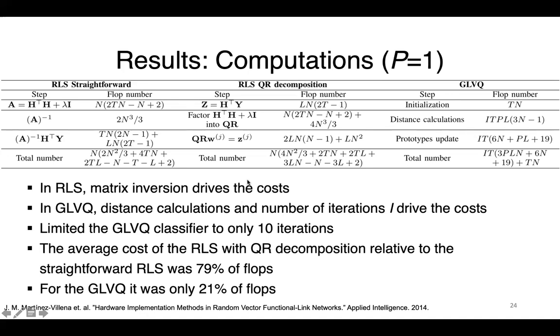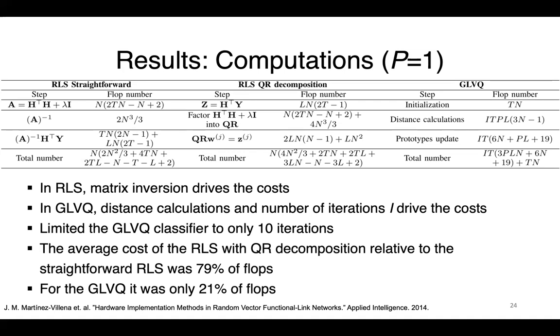We note that GLVQ differs markedly from the two approaches to RLS, since the cost of the GLVQ classifier is driven by the number of distance calculations and the number of training iterations. And so you can see this more clearly in the table on the far right, where unlike RLS, GLVQ depends on P, the number of prototypes per class, and I, the number of iterations.